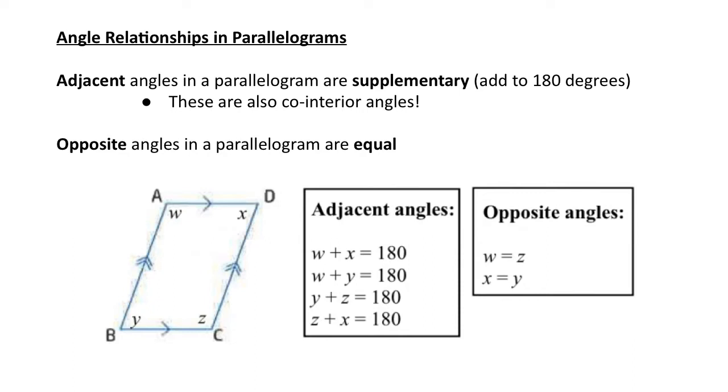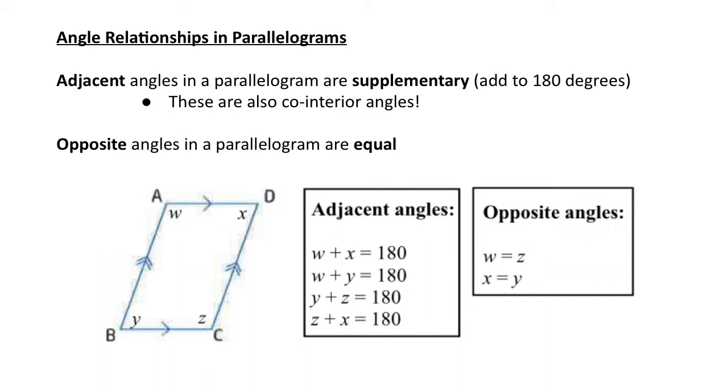The first theorem or relationship deals with adjacent angles inside the parallelogram. Adjacent means angles that are beside each other or side by side to one another. The relationship states that adjacent angles in a parallelogram are supplementary, meaning that they will add up to 180 degrees. Now, adjacent angles in a parallelogram also happen to be co-interior angles.